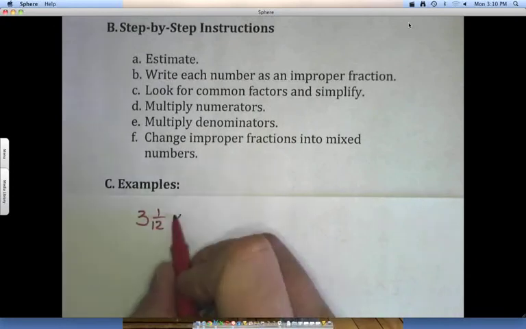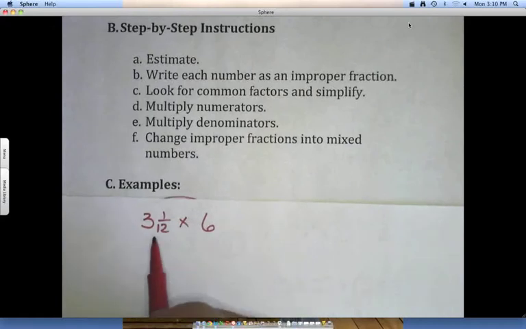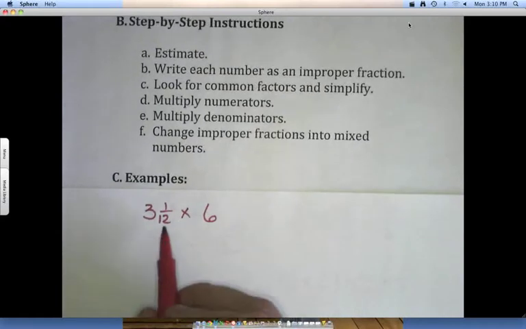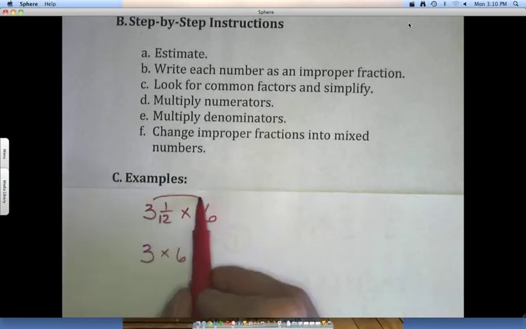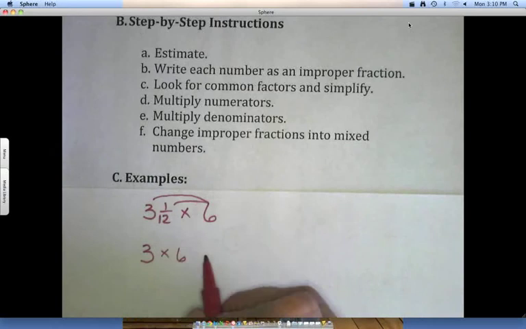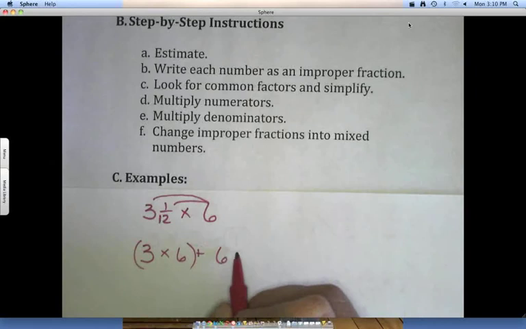And I'm going to multiply 3 1/12 by 6. Now, again, I can do distributive property. Again, I'll show you both ways. I have 3 times 6, so I'm breaking it up. And I have 6 times 3, and I'm adding that to 6 times 1/12.